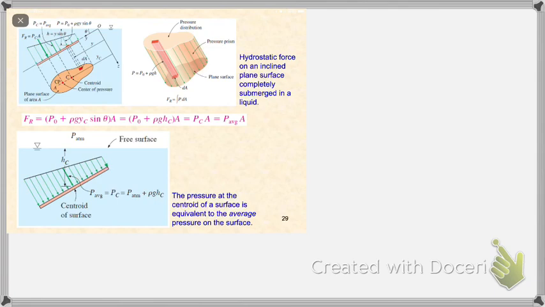To find the magnitude of the hydrostatic resultant force on an inclined surface, we still use the equation F resultant is equal to P average times A. So we expand the equation, and it becomes gamma h_c A, or rho g h_c A, where h_c is the distance to the centroid.